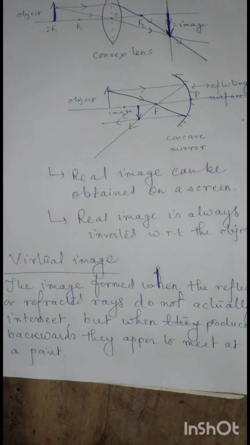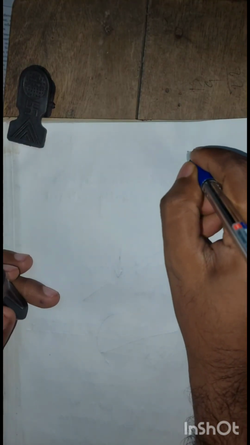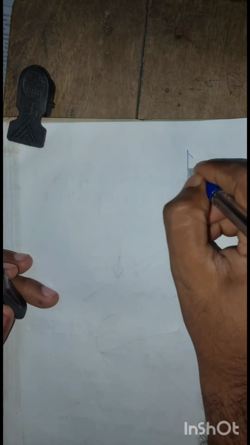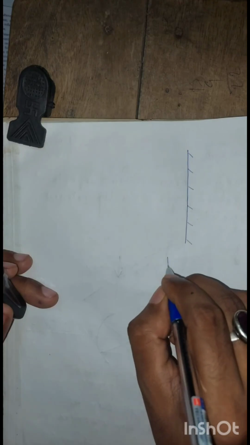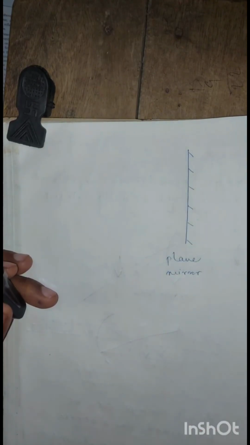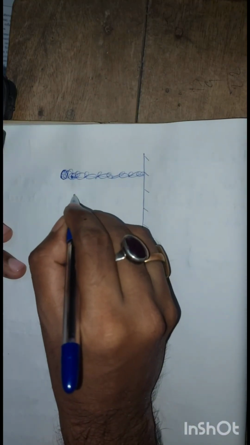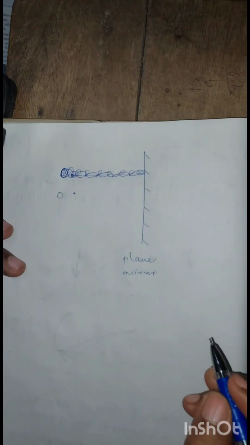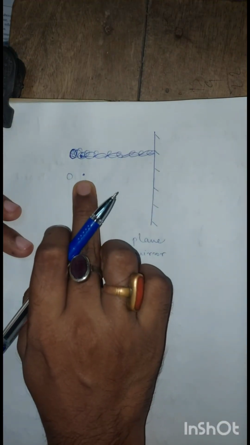So I am going to explain it with the help of a diagram. Let us assume this is a plane mirror. This is the reflecting surface. Let us assume this is our plane mirror and this is an object, our point object.